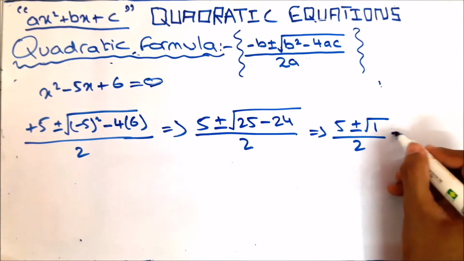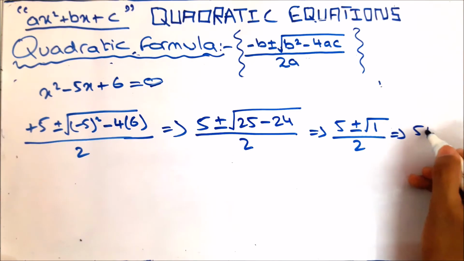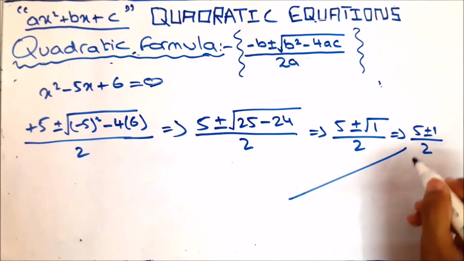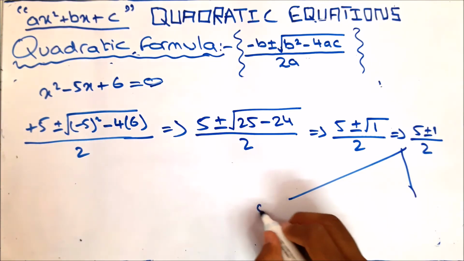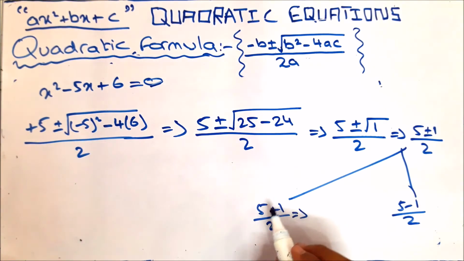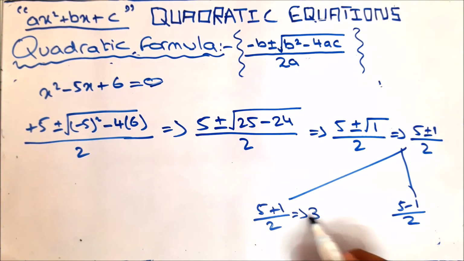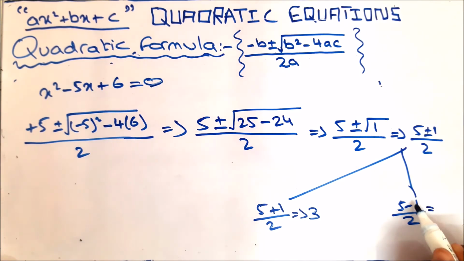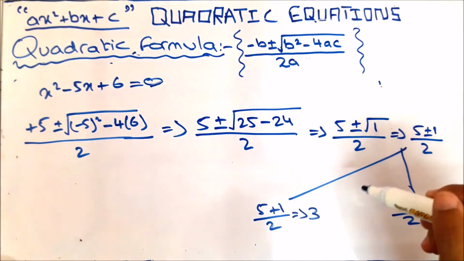Under root 1 is equal to 1, so it's actually 5 plus minus 1 divided by 2. So it splits up into two terms, 5 plus 1 divided by 2 and 5 minus 1 divided by 2. 5 plus 1 is 6, 6 divided by 2 is 3, and 5 minus 1 is 4, 4 divided by 2 is 2. As I said before, we get two answers, 3 and 2.